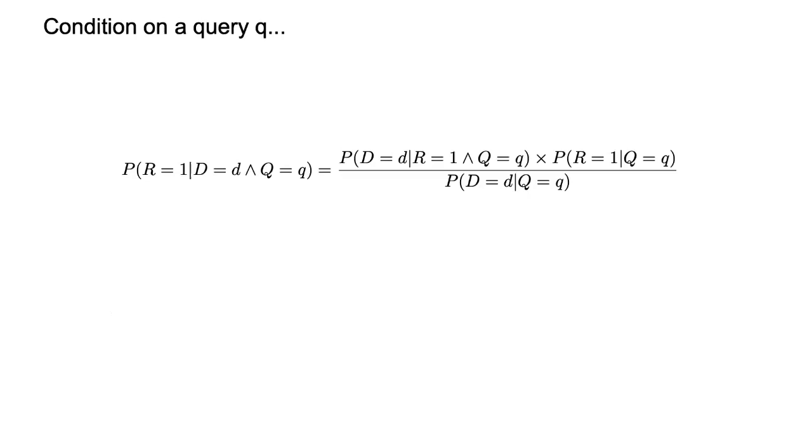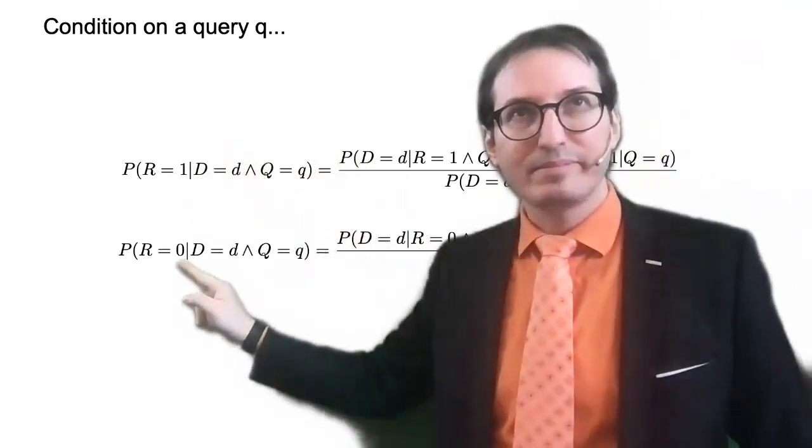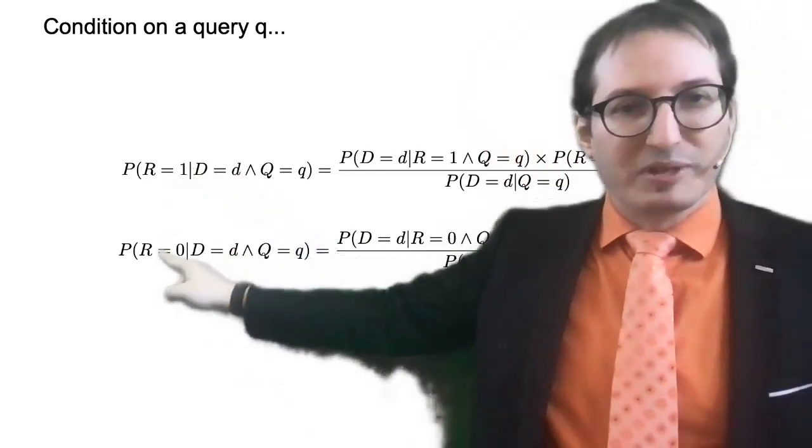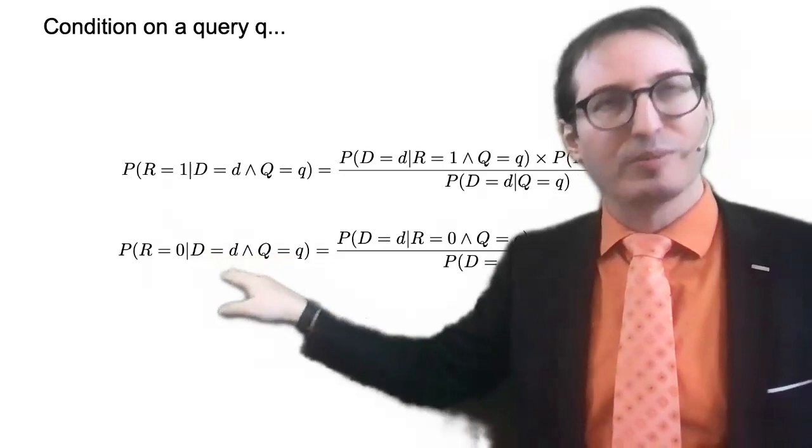Now, do you agree that I can write exactly the same thing, but with R equals 0, right? That's fine. It's exactly the same rule and so on. So I just write it down on top of each other. And now what I could do is I could do a division. Do you see that this is the complement of that, within the document and the query being that?